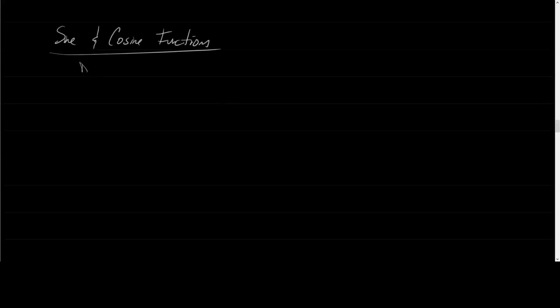The domain for both of them is all real numbers. So negative infinity to positive infinity, right? All real numbers. The range for both of these is between -1 and +1, including both of them. All right, including -1 and +1.